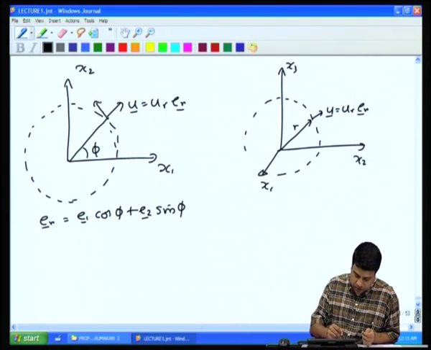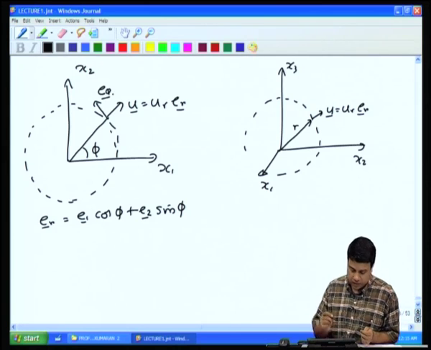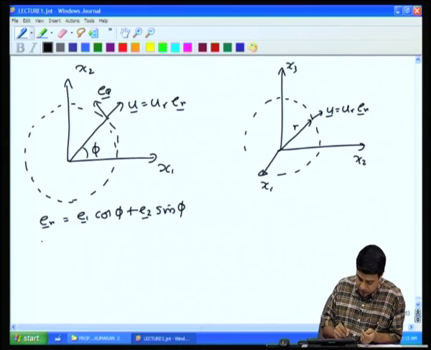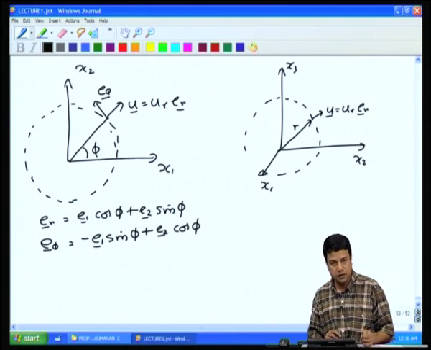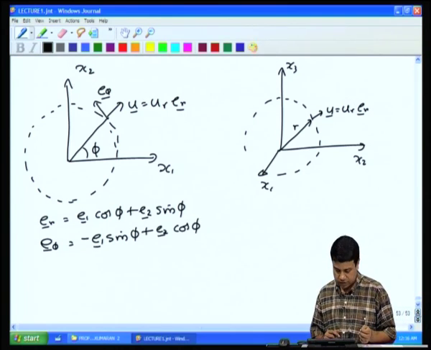In this polar coordinate system, e_phi is perpendicular to this, which means that e_phi is equal to minus e_1 sin phi plus e_2 cos phi. e_r and e_phi are mutually perpendicular vectors.